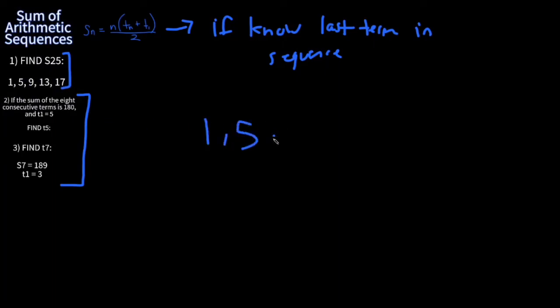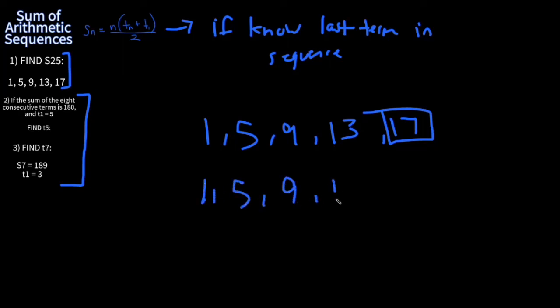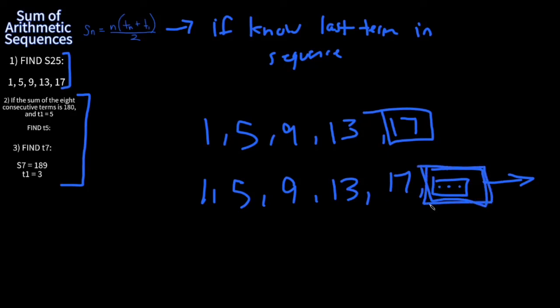If it's like 1, 5, 9, 13, and 17, and it doesn't continue thereon, this one is the last term. We know this is the last term because it doesn't continue. But when you don't know what the last term is, it is shown by this: 1, 5, 9, 13, 17, dot, dot, dot, ellipsis. That means going on, keep on going on. And so that basically means that you don't have the last term of the sequence, because it has this symbol here. So dot, dot, dot shows that it does not have the last term. But if you do know the last term, use this one.